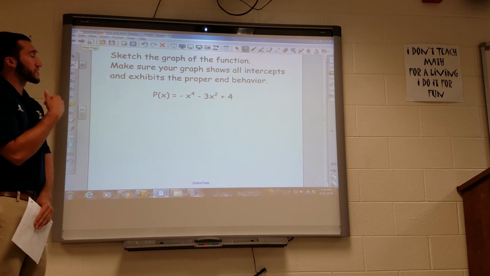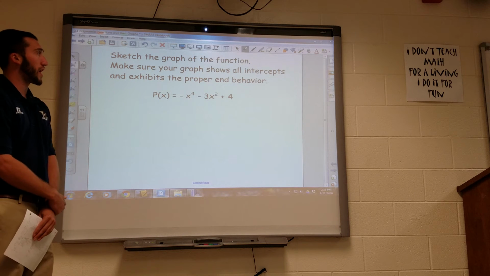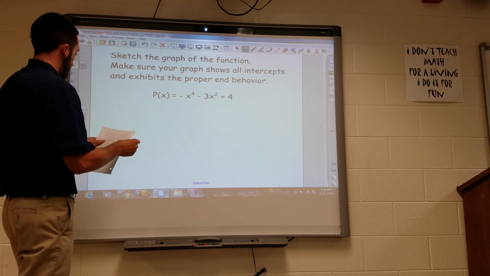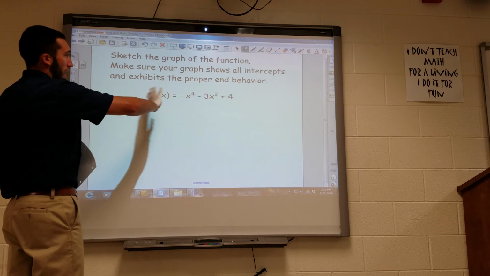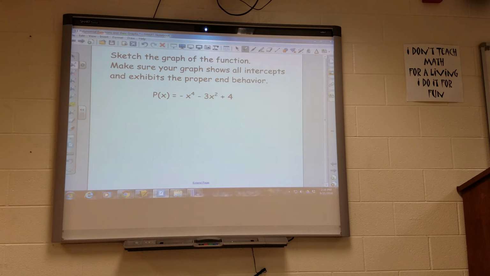So again, they want us to sketch the graph of the function, label the intercepts, and observe proper end behavior. So this function, I just went ahead and graphed it in my TI-83, so let's show that real quick.